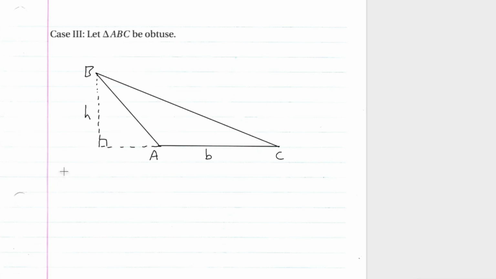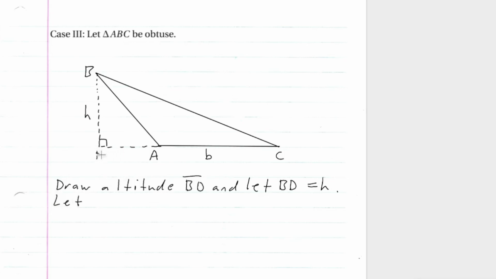All right, so let's go ahead and describe what we did. Draw altitude BD, and let BD equal H. Let X equal DA, and B equal AC.